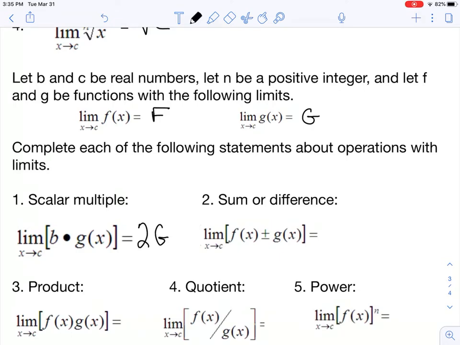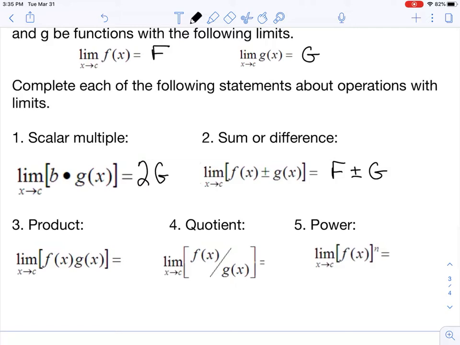What if I have these two functions, f and g, and I added or subtracted them? What's going to happen? Do I have to go through and work all of that out? Or can I, if I know it's one's f and one's g, I just say, okay, well, that's got to be f plus, if it's subtraction, minus g.